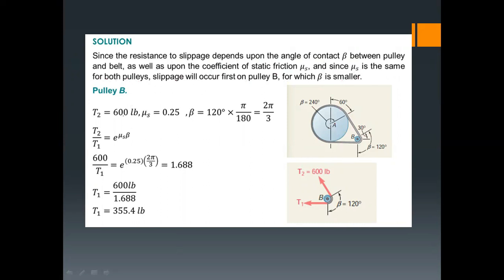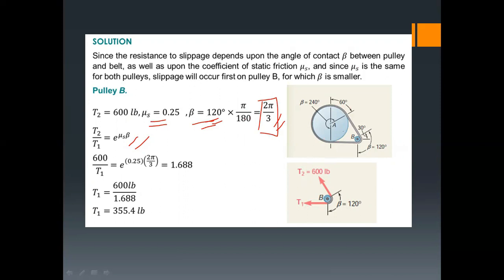So T2 is equals to 600 pounds. Then our coefficient of friction is 0.25 and our beta, converted natin 120 degrees to rad, is 2 pi over 3. So gamitan na natin yung formula natin to get the tension T1 natin.